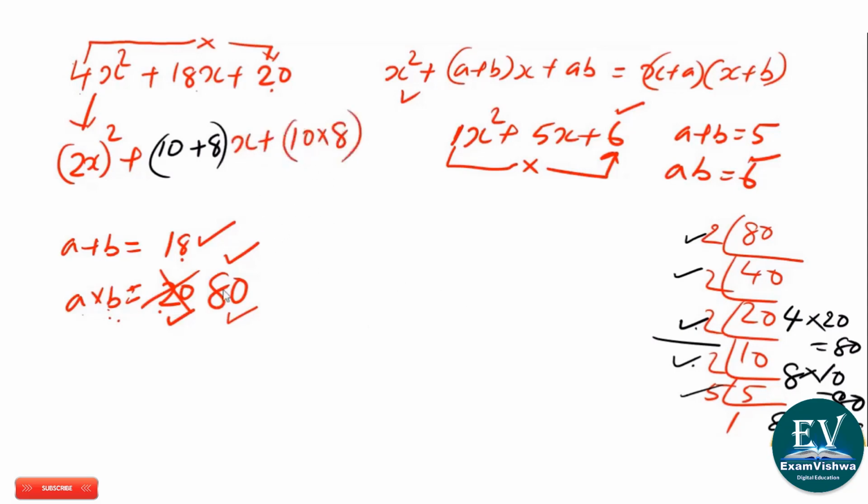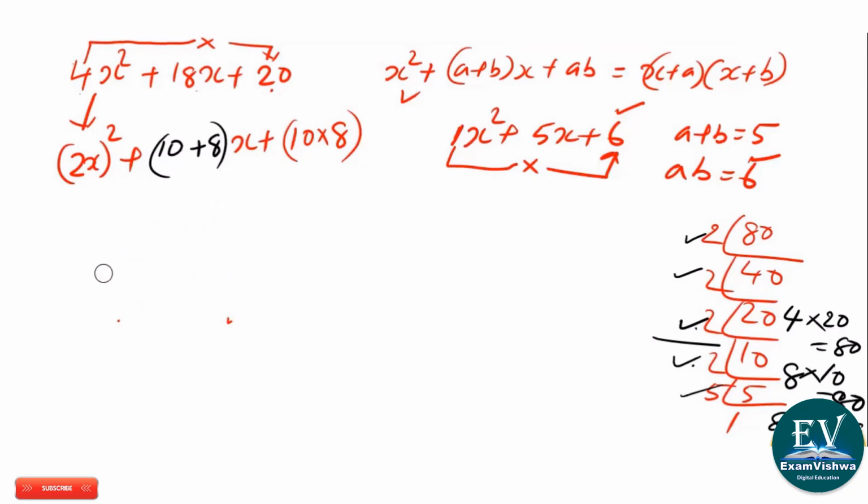Once we reach this stage, we can apply our knowledge of finding common terms to solve it, or we can directly write it, as we have already studied the expansion, in the format of x plus a into x plus b, because we got a and b here. So what will we write?